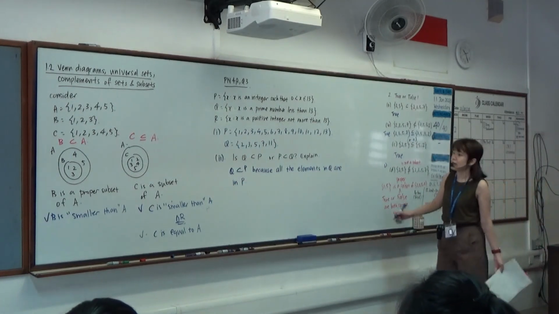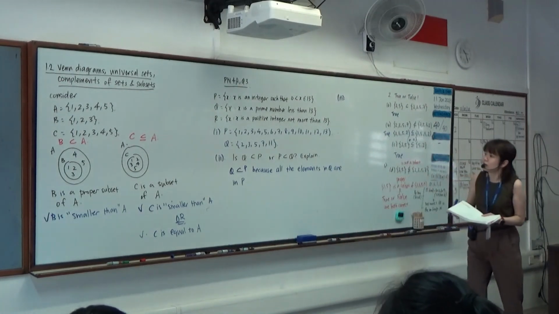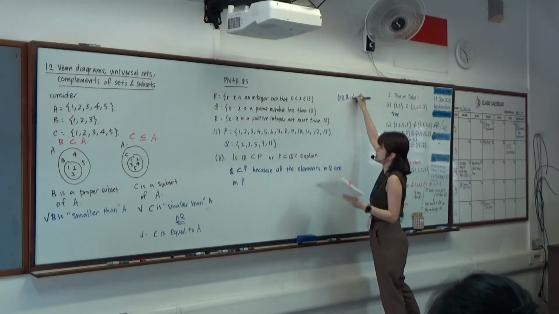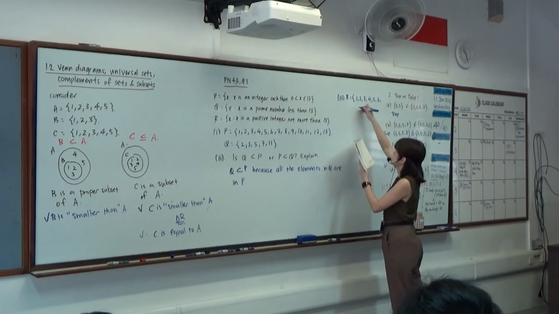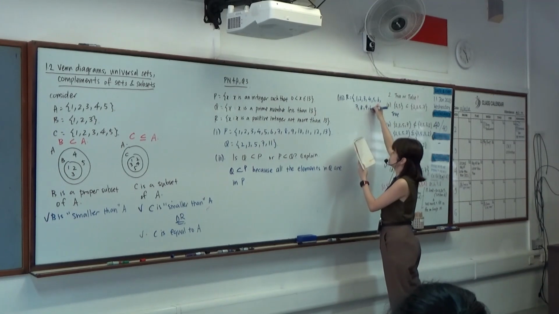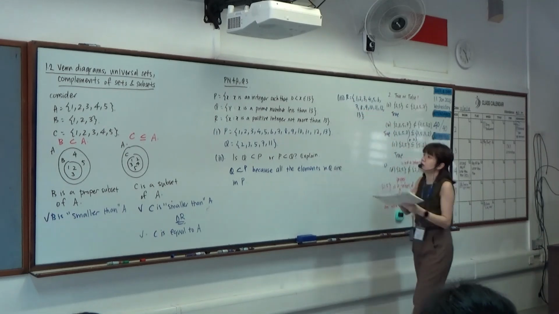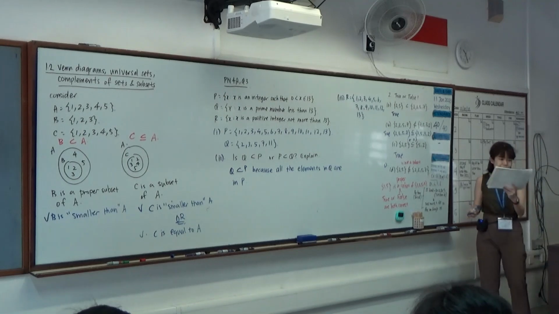Then in part 3, we want to list all the elements in R. I hope that isn't an issue as well. We're looking at all the positive integers not more than 13.